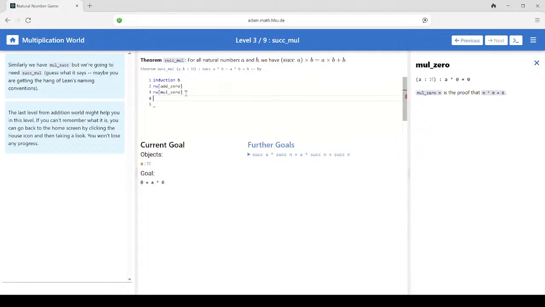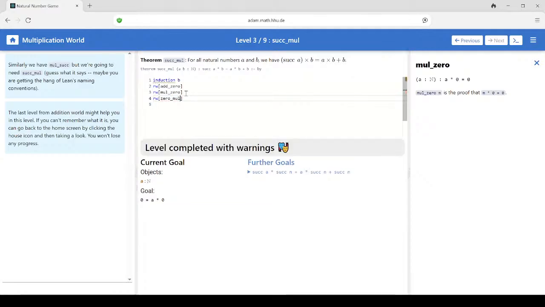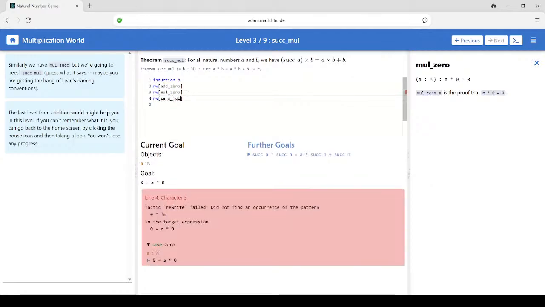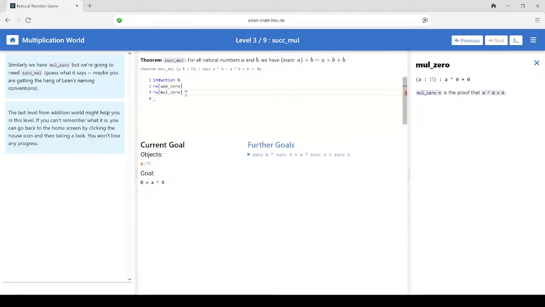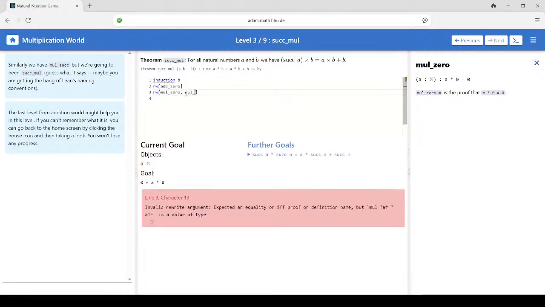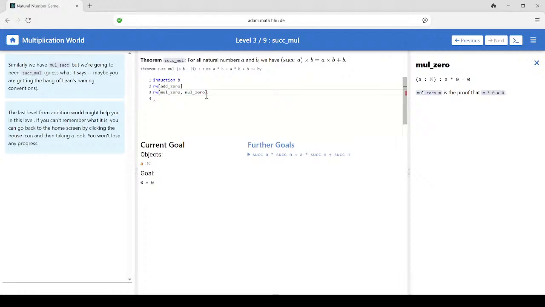Oh, there we go. And then the opposite one as well. Oh, no, just the same thing again. So we can do it in the same line even. And 0 equals 0. So, reflect. There we go. Now, this is where we ran into trouble.